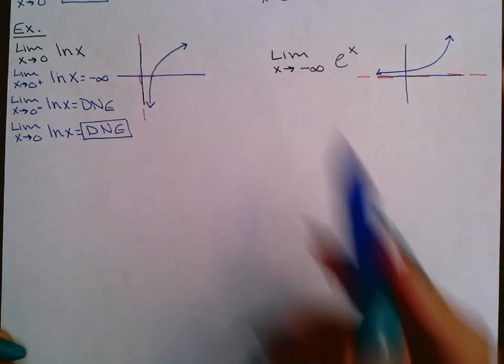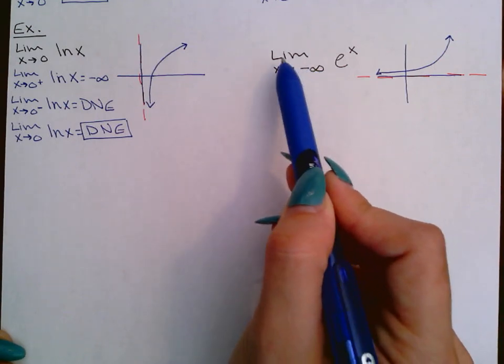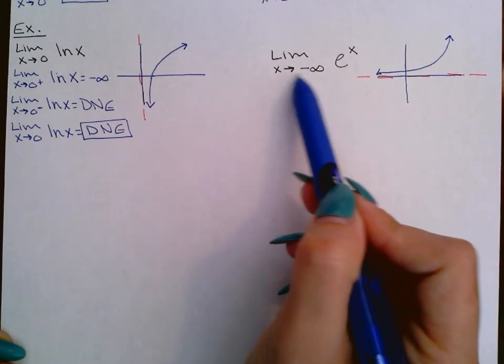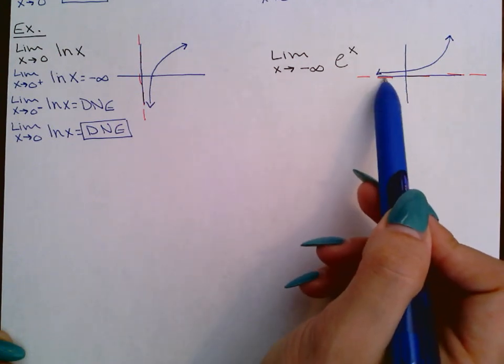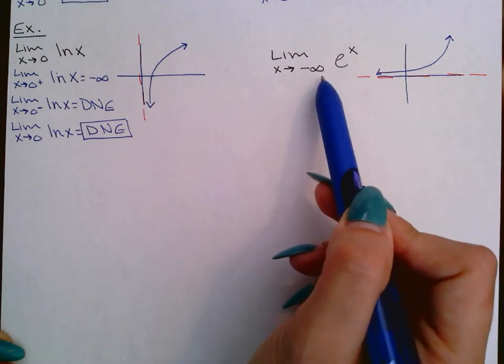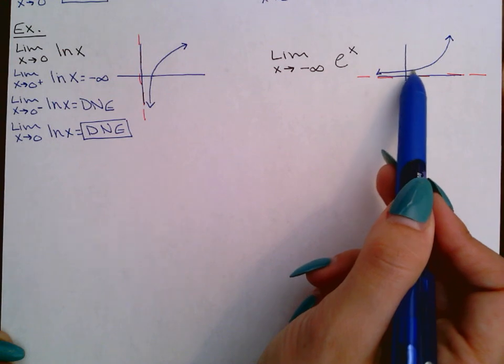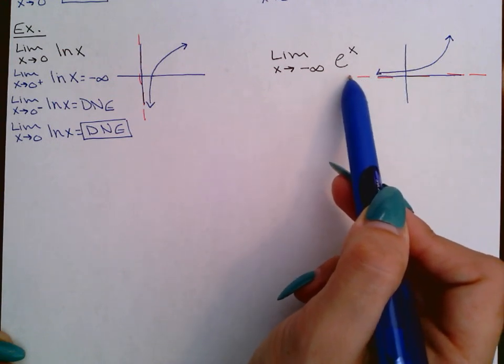Now, here's probably the first time we're putting an infinity in the spot of the x. So it says the limit as x approaches negative infinity. Well, a negative infinity on my x's means going forever towards the left, okay? So if I continue on this function to go towards the left forever, what y will I forever get closer to?